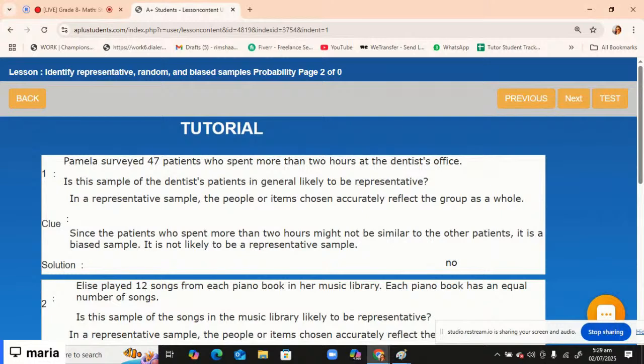No, it's not representative, it's biased, because patients who spent more than 2 hours might not be similar to the other patients. She had already picked 47 patients based on how many hours they spent at the dentist office. So it's not representative, it's biased.